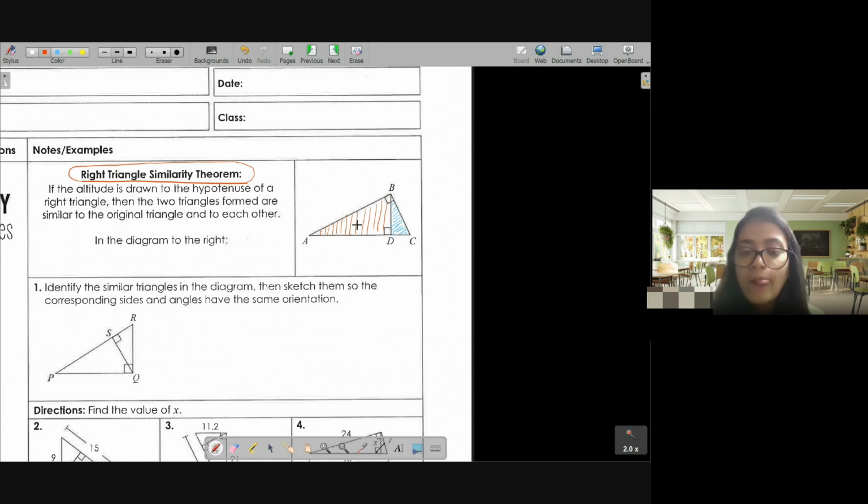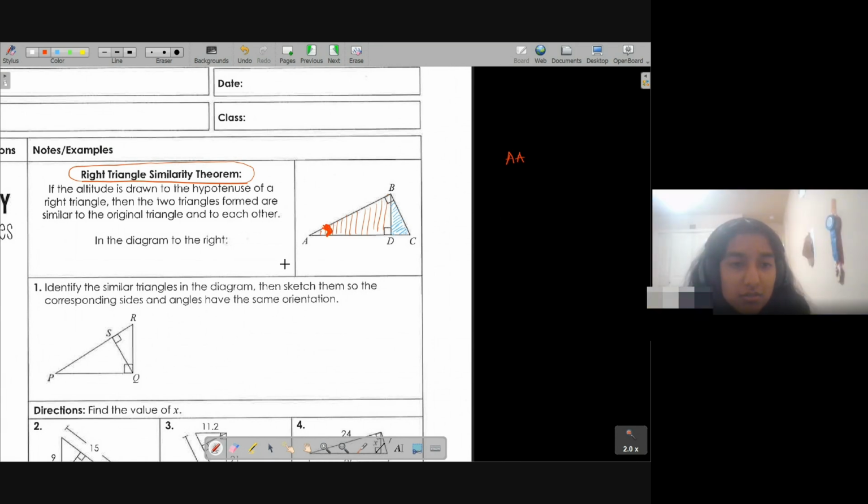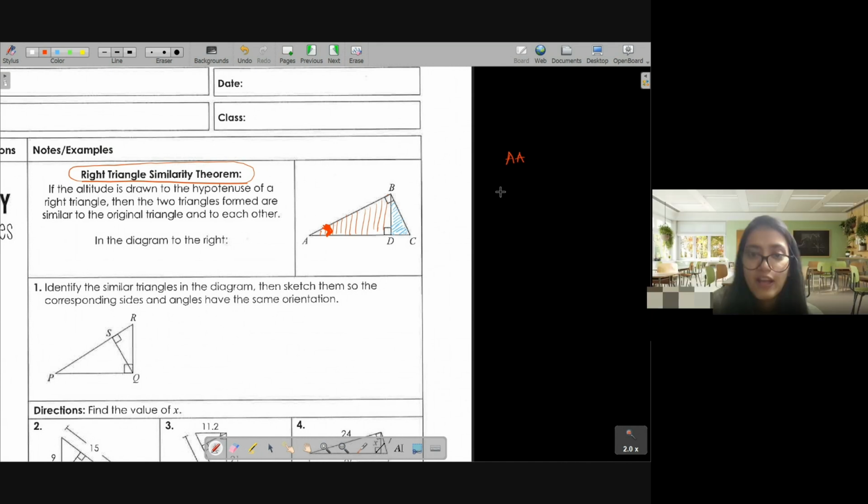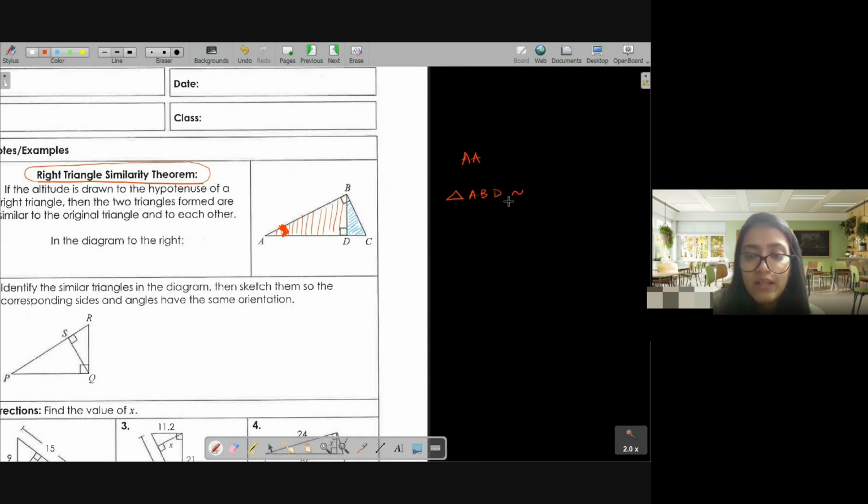If you want to understand the logic behind it, you can use the AA criterion to prove them similar. If you want to prove that triangle ABD is similar to ABC, it is very important to write the order correctly.